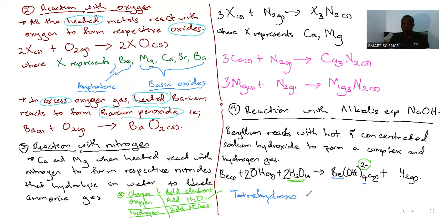And then we have beryllium. It changes the name to berylate, simply because the complex is negatively charged. So this one is a tetrahydroxyl berylate 2 ion complex. So that is how beryllium behaves with alkalis.